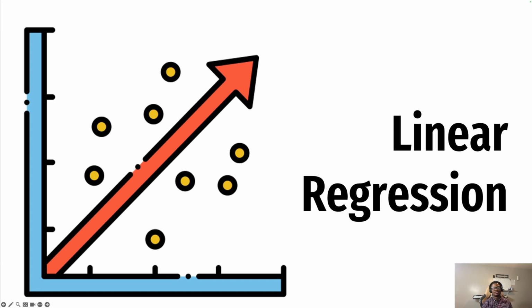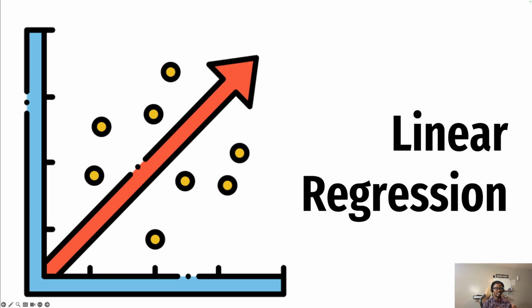So in today's video, we are going to be learning about linear regression. If this is the first video that you are watching, just to let you know that this is the fourth video in this series. So we are doing a machine learning series, for young people and for old people that are new to the field of AI and machine learning.